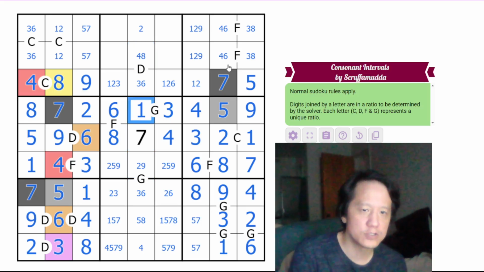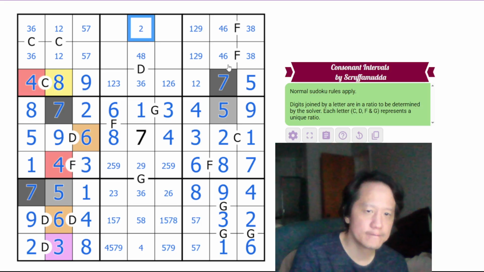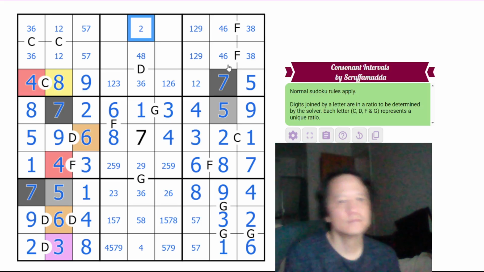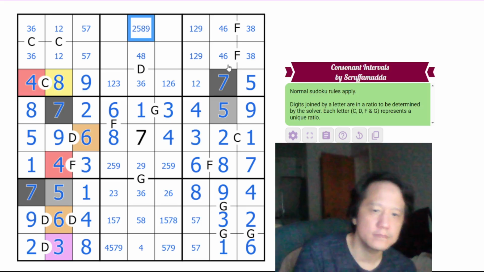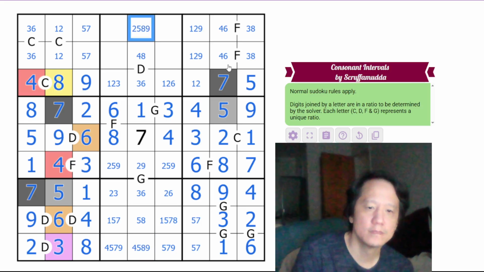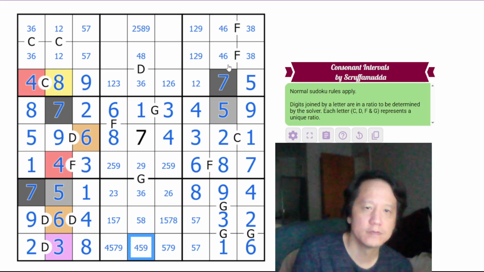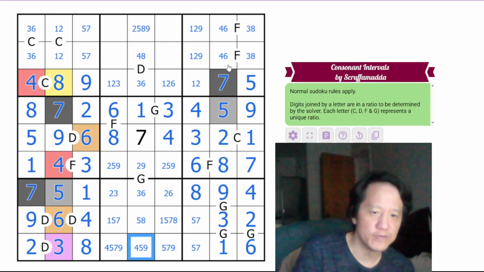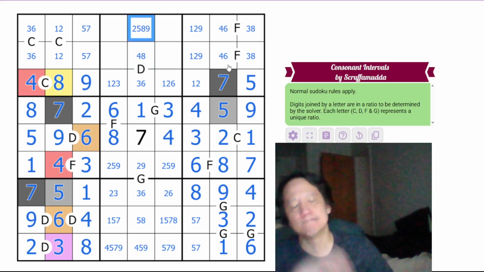So 2, 6, 3, 4. You have 5, 8, and 9, possibly. This can't be 8. So this would be 5 or 9, this would be 5 or 8, and this would be 5, 8, or 9.